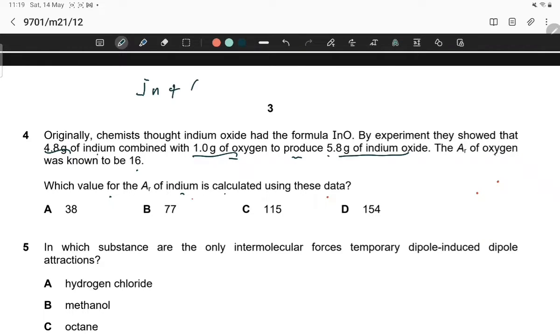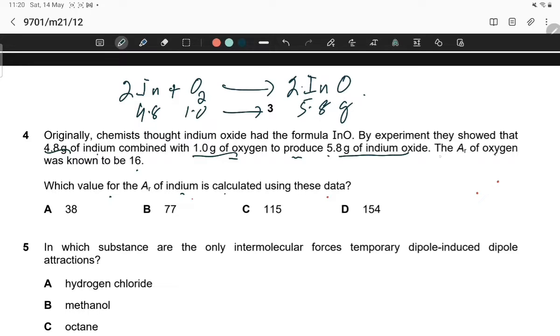In plus O2 to form InO. The same 4.8 and 1.0 gram, so this is equal to 5.8 gram indium oxide. For indium and oxygen, using mass over Ar, 4.8 divided by X and 1.0 divided by 16.